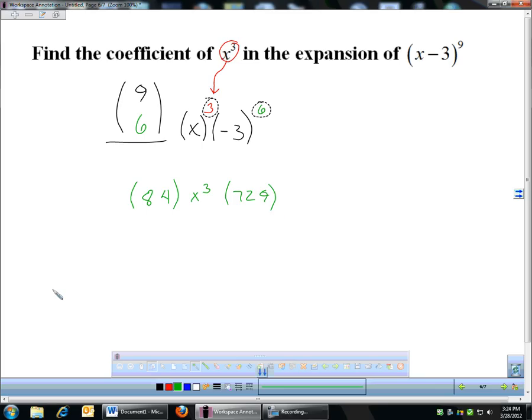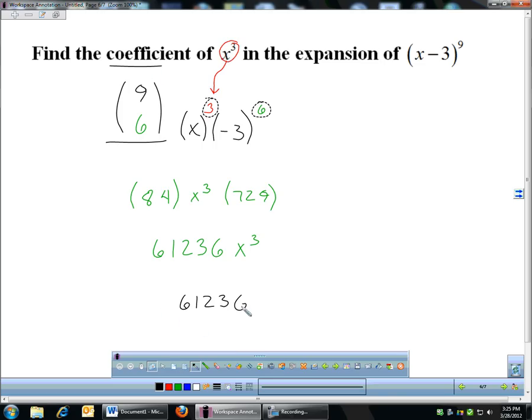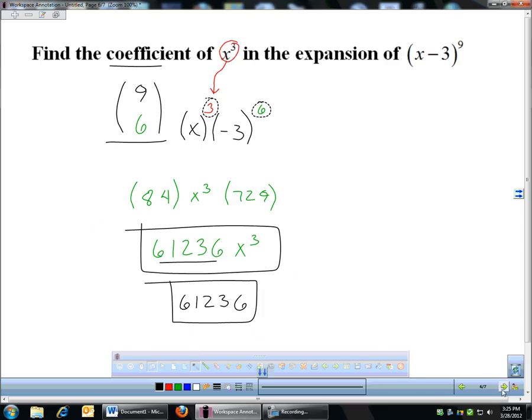We get 61,236 x cubed. And if you stop right here, that's fine. Technically, since I asked for the coefficient, your answer is just 61,236 because all I asked for was the coefficient of x cubed. But if you gave me this answer, I'm perfectly okay with that also.